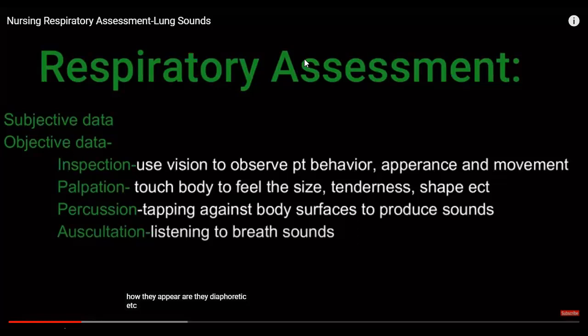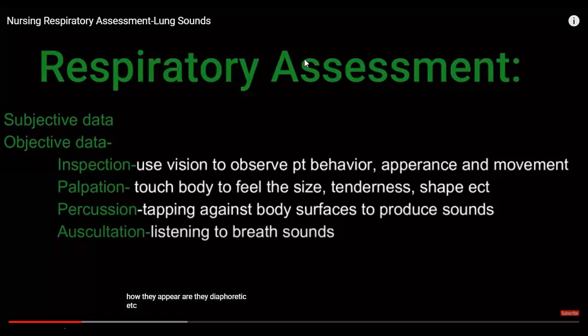Wheezing is the most commonly asked question on the NCLEX board, and it is abnormal. I want to recap it for you. Abnormal lung sounds are wheezing, stridor, crackles, and friction rub. Wheezing we usually get during expiration, but crackles we usually get during inspiration.